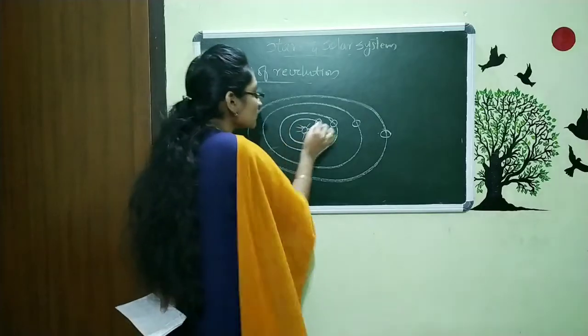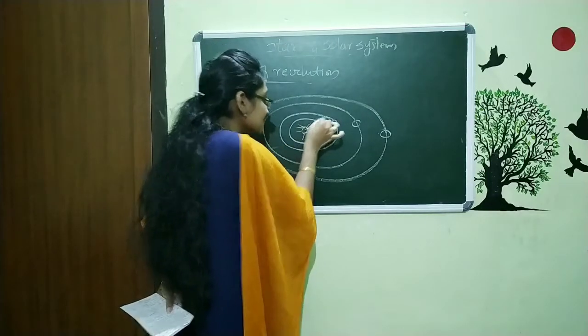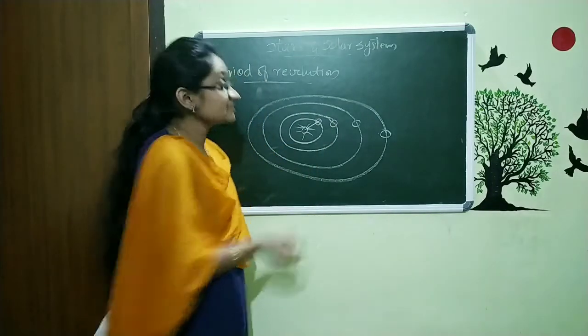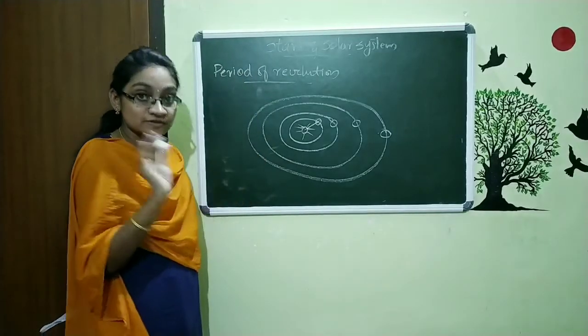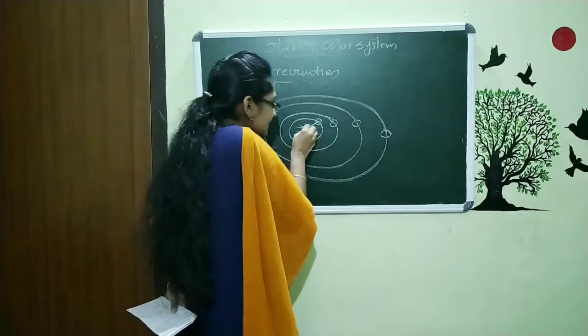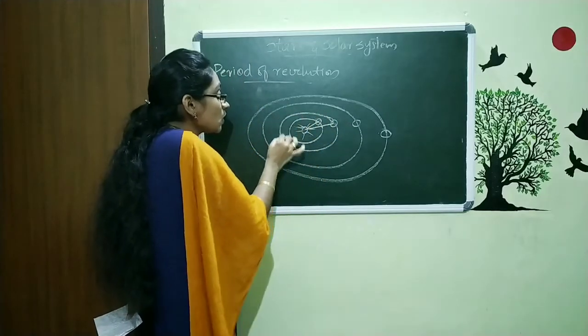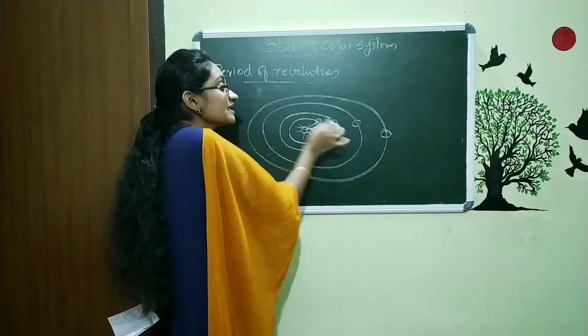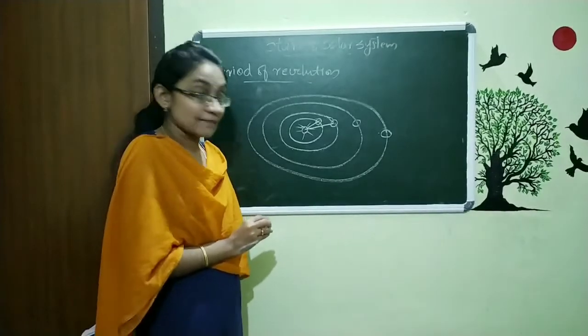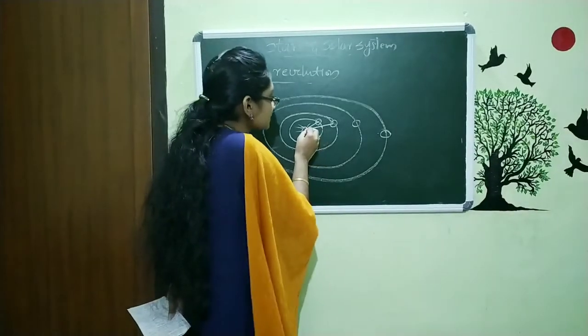That means for the first planet, the distance is less, so its period of revolution is also less. And when it is increasing, then it needs to move more distance, and it also takes more time to complete the revolution. And what about the next one?